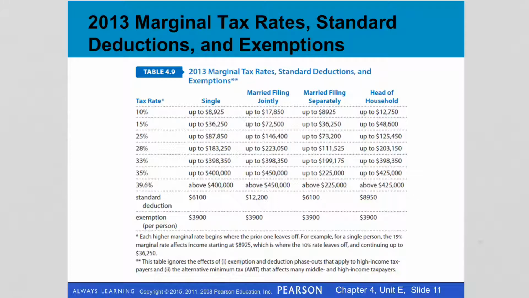The 10% tax rate, if you were single and you made up to $8,925, then you were taxed 10%. 10% of that you owed to the government. If you were a head of household and you made up to $125,450, then you would get taxed in the 25% bracket, and so forth.